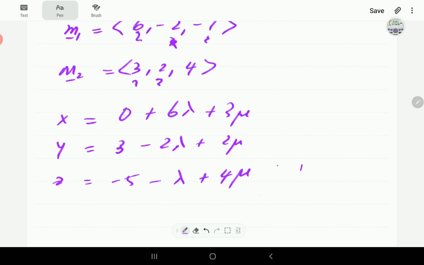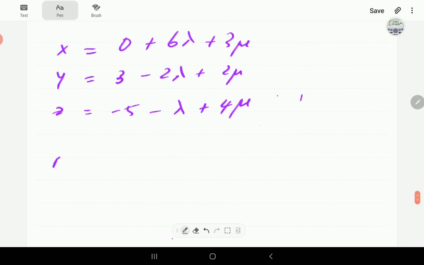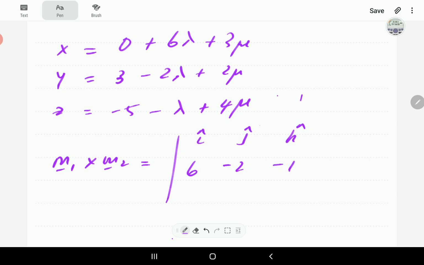Since we've got M1 and M2, we can find the normal of this plane. Once we've got the normal, then we can come up with the scalar form of the equation.